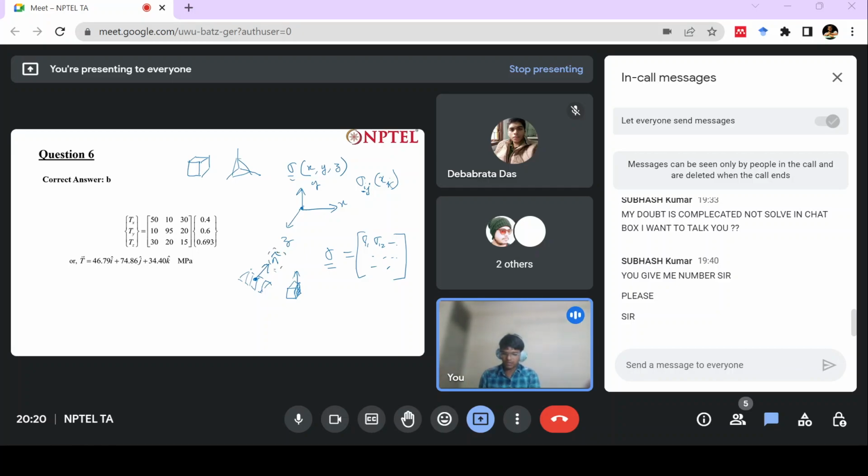I have a normal vector given, and the plane normal to that vector is this plane, and I am trying to find out the force acting per unit area on this plane. That is my traction vector.